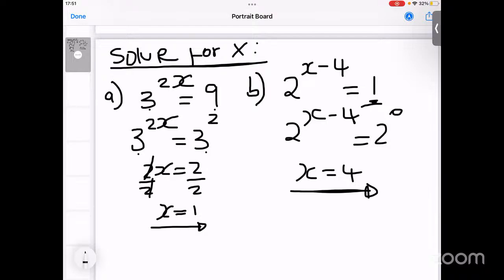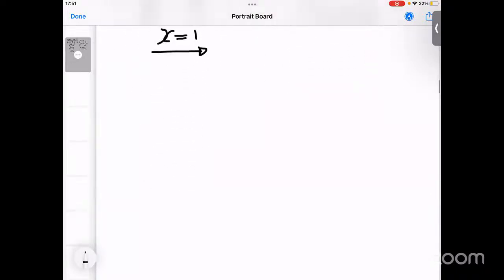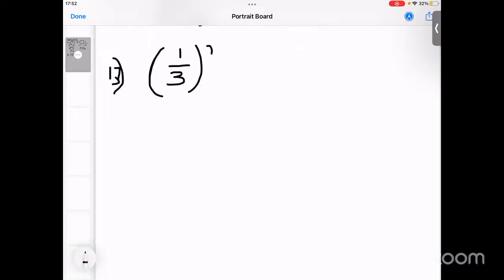So now I would like for you to be aware of this type of problems, where from the list we'll take problem number, which one? Maybe 13, yes, okay. Where in the brackets you are having 1 over 3, which is to the exponent of x, and this being equated to 9.